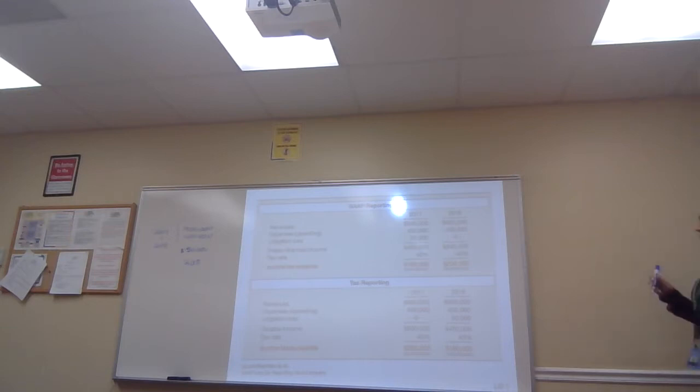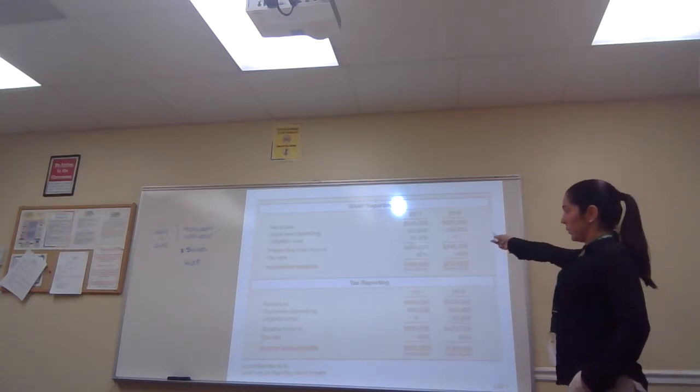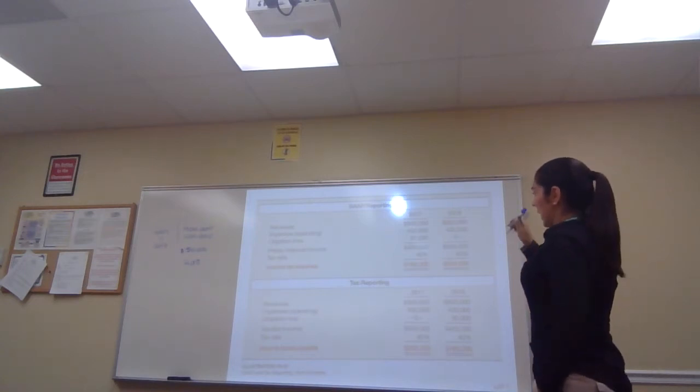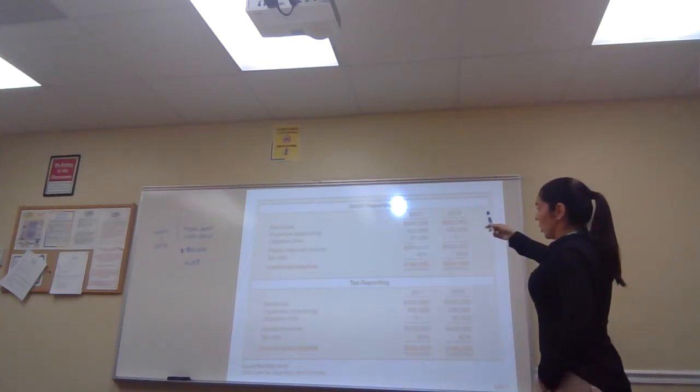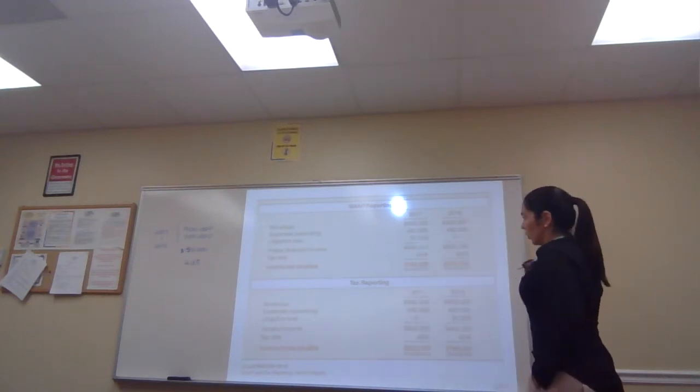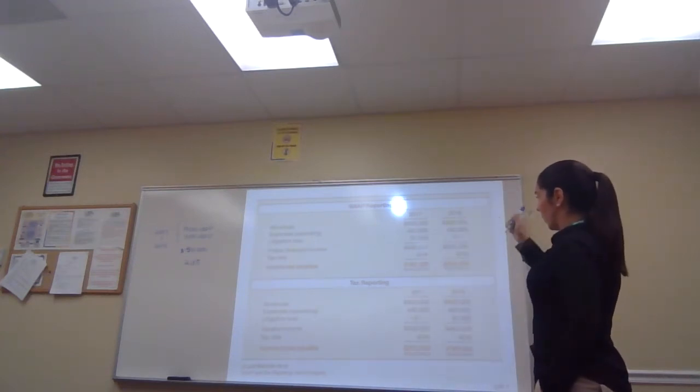Okay, so you have the 900 in both years. You have your expenses of 400,000 in both years, and the 50,000 that they're accruing in 2017 for GAAP purposes. So you have your pre-tax financial income of 450 and 500 at 40%.